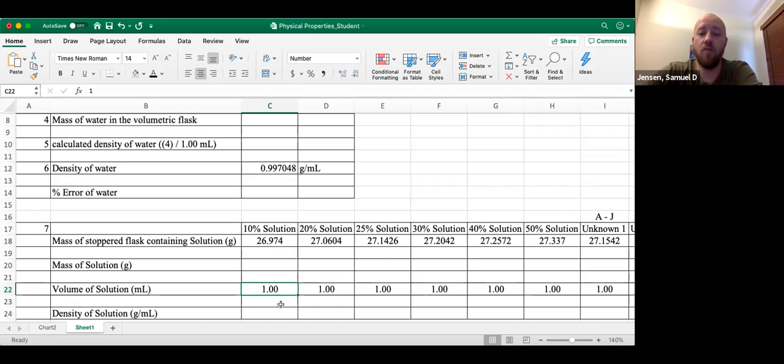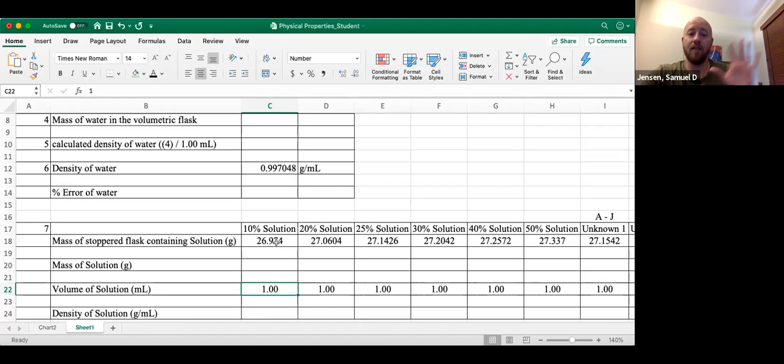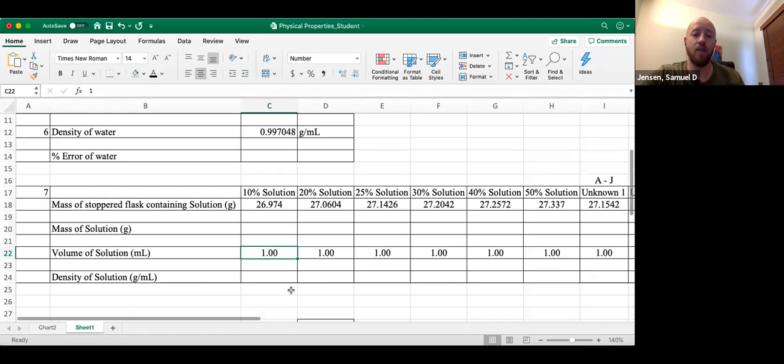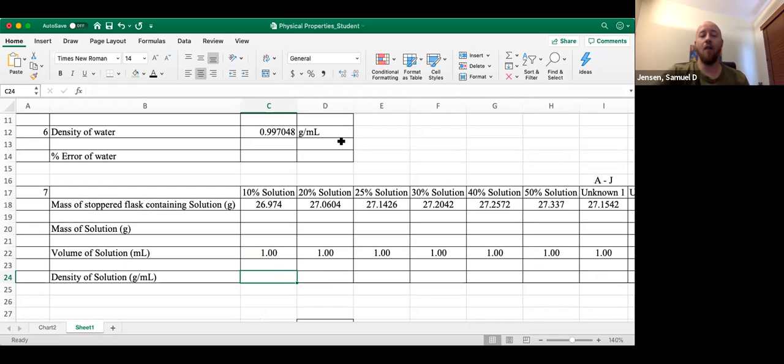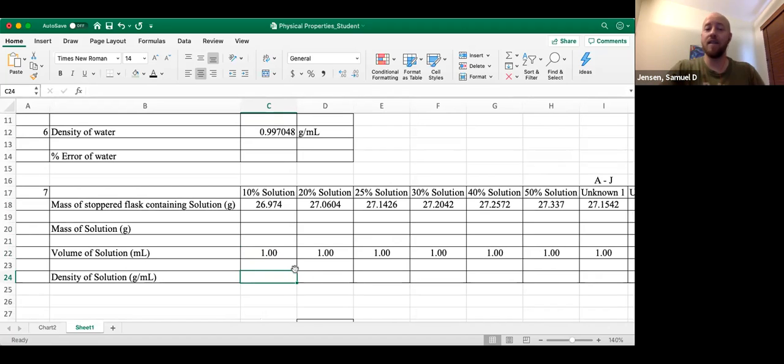The volume has 3 sig figs. So if I have 5 sig figs as mass and I'm dividing by volume with 3 sig figs, my answer should have how many sig figs? 3, exactly. So we should have 3 sig figs for our densities. Very good. So keep that in mind when we're doing our calculations.